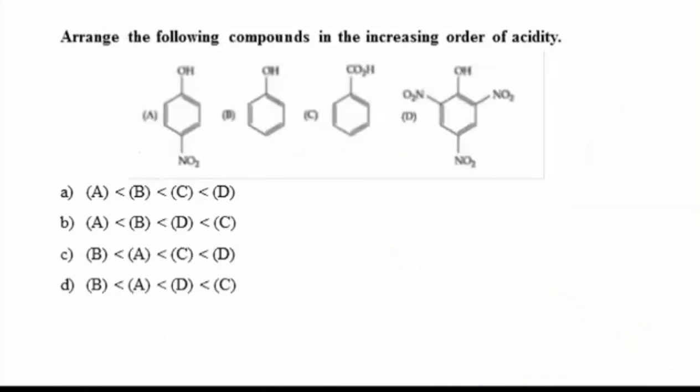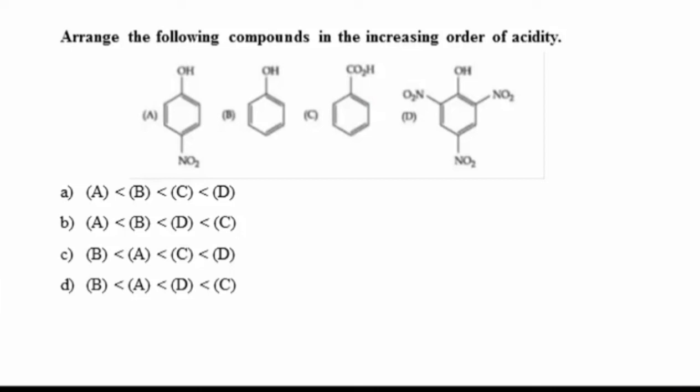The next question is, arrange the following compounds in increasing order of acidity. In phenols, the presence of an electron releasing group decreases their acidity, whereas presence of an electron withdrawing group would increase its acidity as compared to phenol.